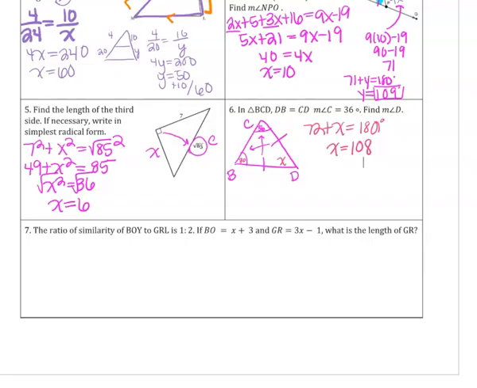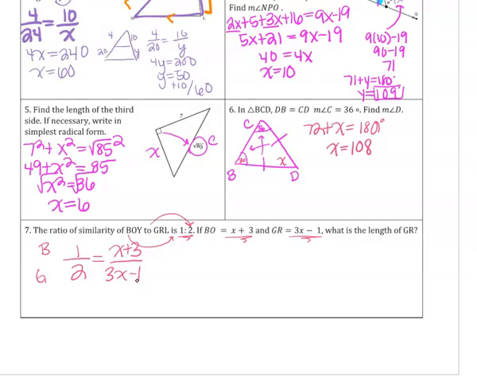Now, when we say ratio of similarity, they're telling you from boy to girl, that is 1 to 2. They're telling you, I'll put B and G here, that boy, or BO, is x plus 3. GR, which is part of a girl triangle, is 3x minus 1.